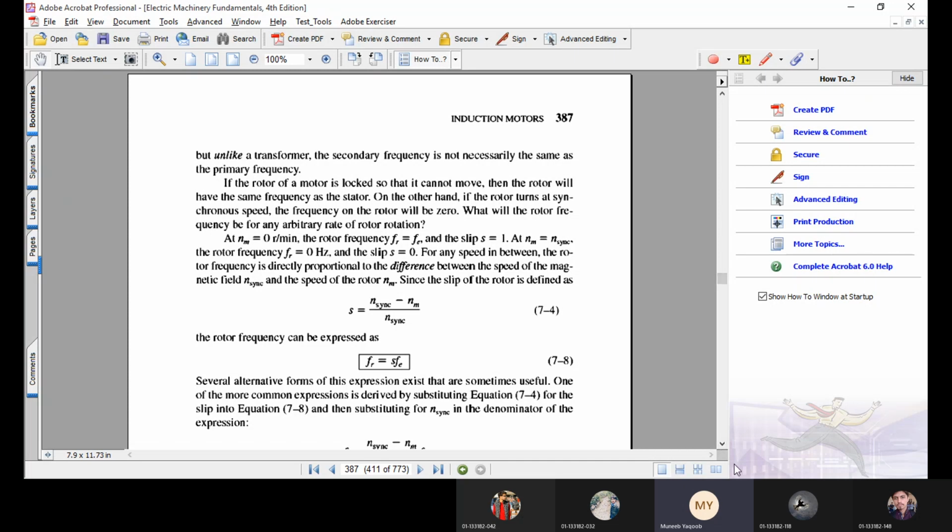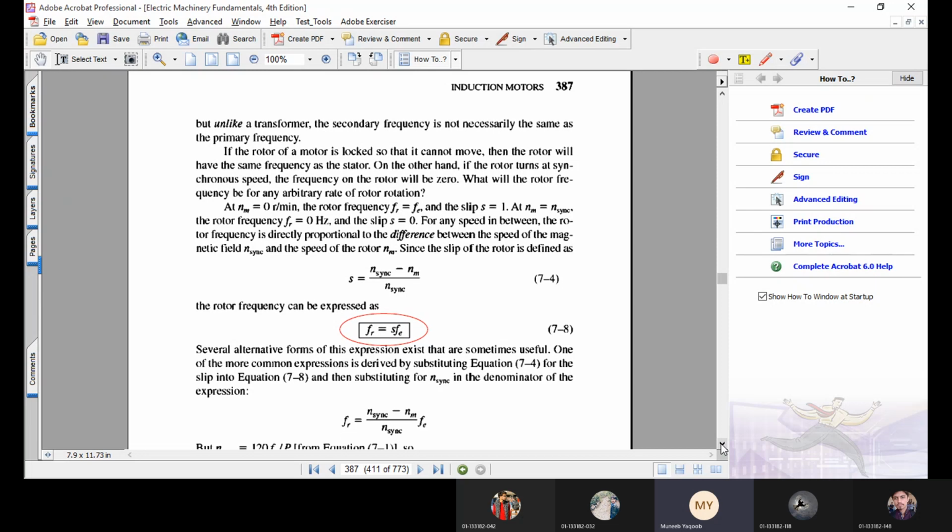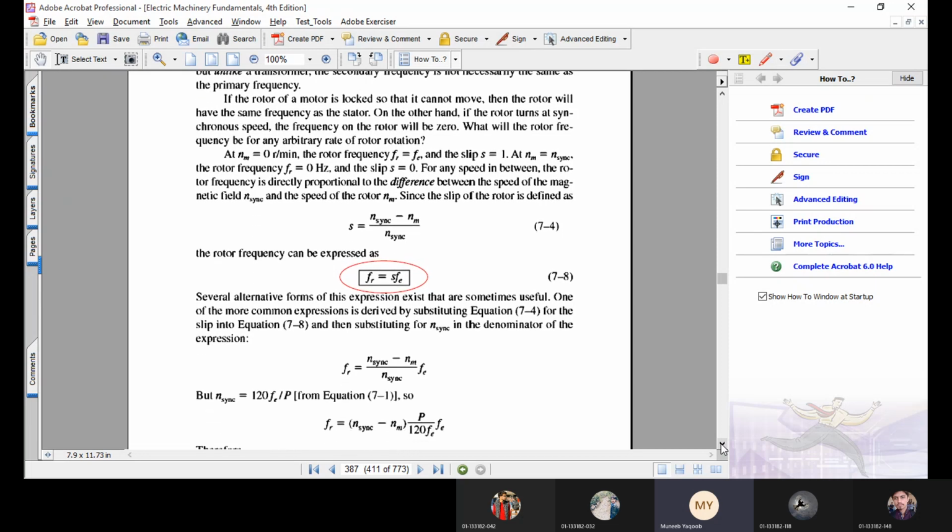So they concluded that the rotor frequency depends upon slip, and introduced a formula to compute it: rotor frequency equals slip times the electrical frequency provided by the mains. We can use equation 7.8 to compute the rotor frequency at any given slip value.